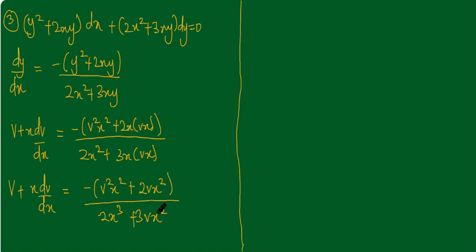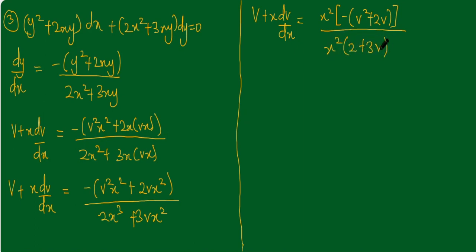Now x squared is common in every term on the right hand side, so we can factorize it out, and we have v plus x dv dx is equal to x squared into brackets minus v squared plus 2v divided by x squared into bracket 2 plus 3v.